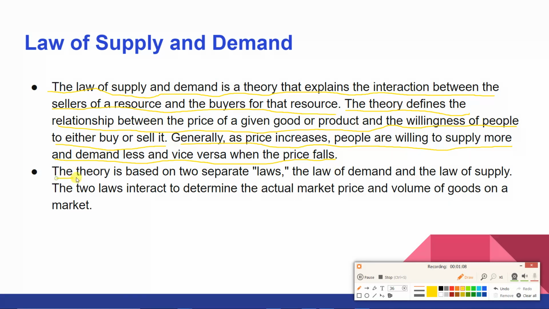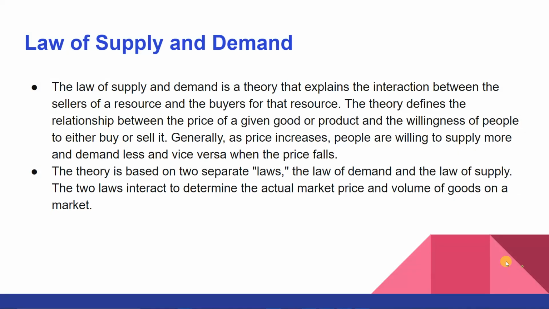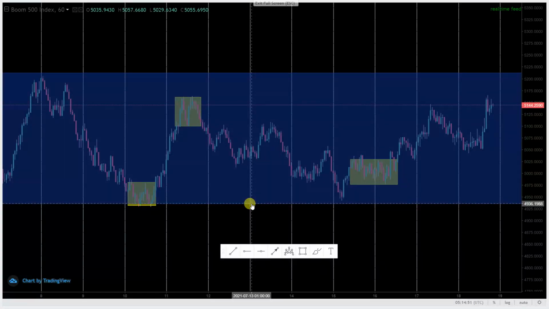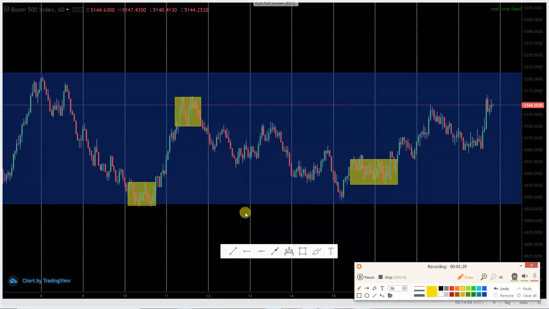Point number two, the theory is based on two separate laws, the law of demand and the law of supply. The two laws interact to determine the actual market price and volume of goods on the market. Let's go on. So, this is a chart. Let me remove the drawing.